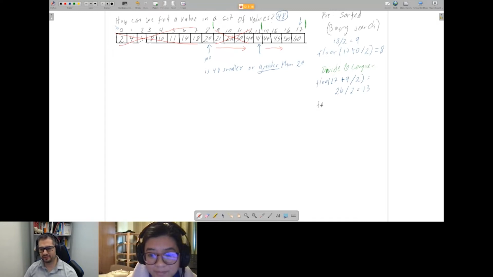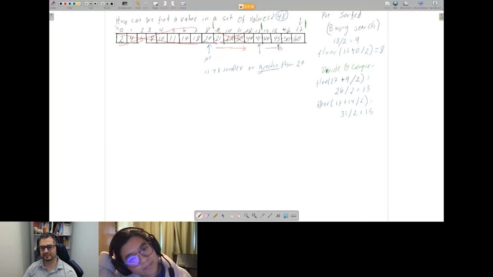We take the floor of 17 plus 14 over 2. That gives us 31 over 2, and that is 15 actually is the floor. So this is the middle.